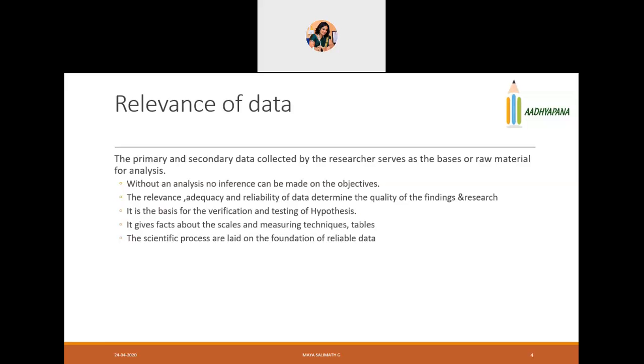And the scientific process is laid on the foundation of reliable data. For example, the data available in newspapers comparing the previous month's number of people affected by COVID-19 to this month's number: looking at this, you can easily say that the COVID-19 effects have been increasing, and this is dependent only on the data.